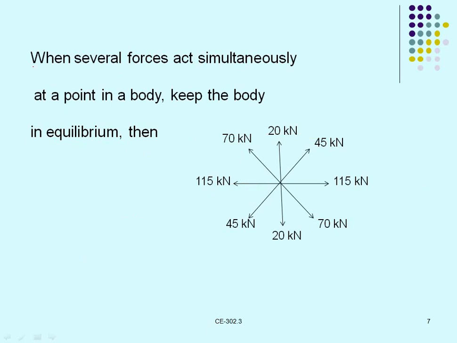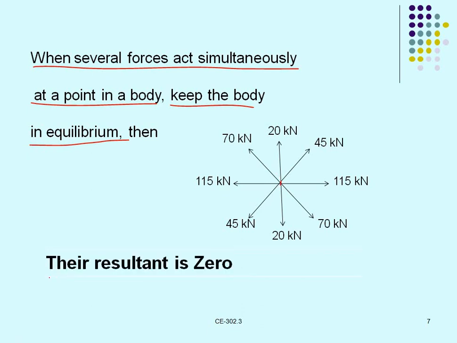When several forces act simultaneously at a point in a body and keep the body in equilibrium, these are all the several forces acting on a point of the body. But they will be in equilibrium, therefore the resultant is 0.